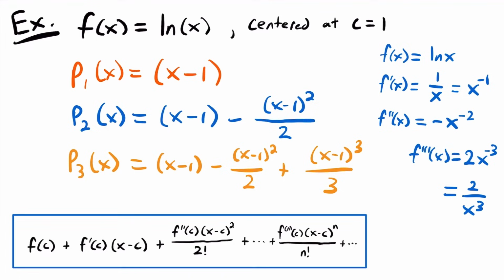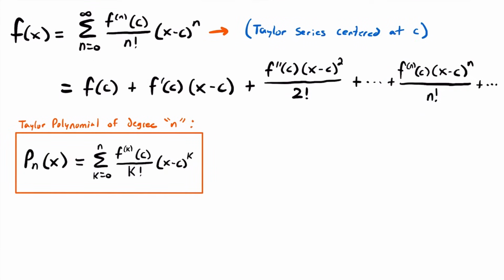All right, but before we look at an example of that, we first need to discuss what the error will be for that approximation. All right, and so to discuss the error associated with approximating values using Taylor polynomials, we need to remember that a Taylor polynomial is only part of a whole Taylor series, right? All of the terms from n equals 0 to infinity for a Taylor series represent a function f of x, and so if we cut off those terms at a certain point and create a Taylor polynomial and evaluate a Taylor polynomial at a value of x, that value will only be an approximation.